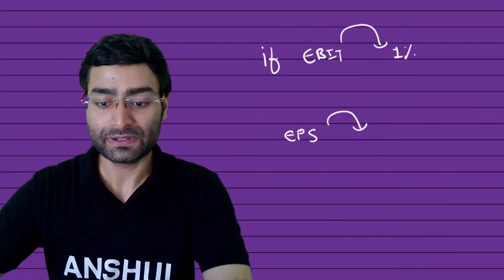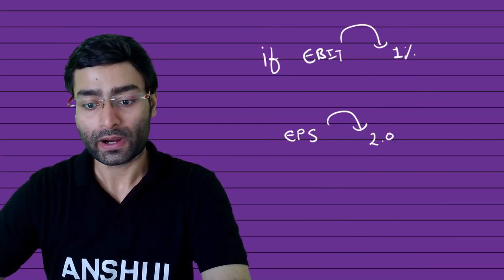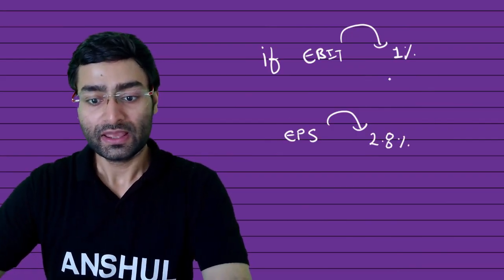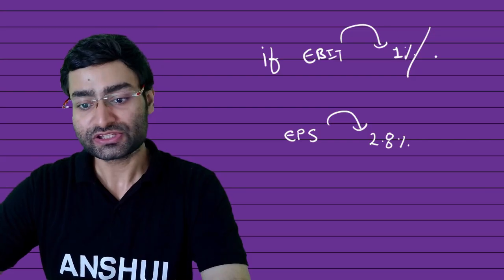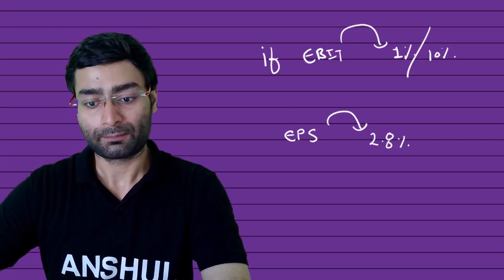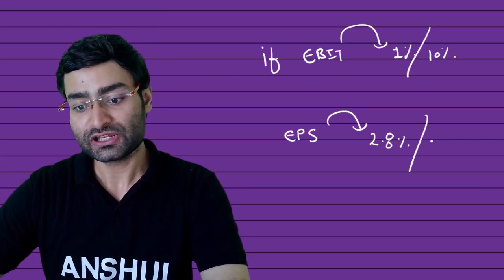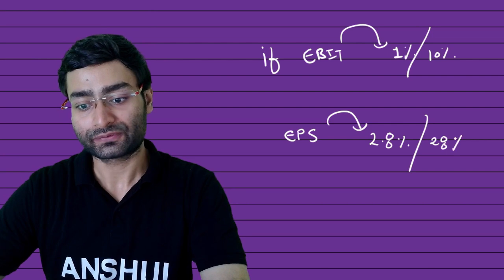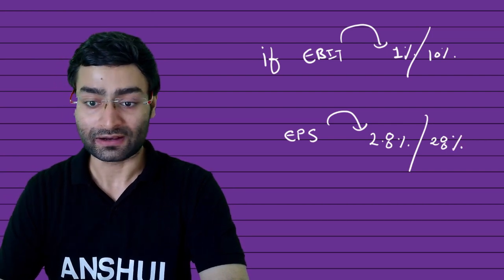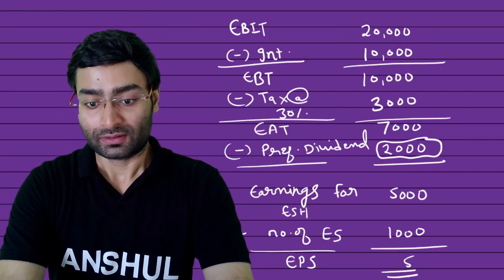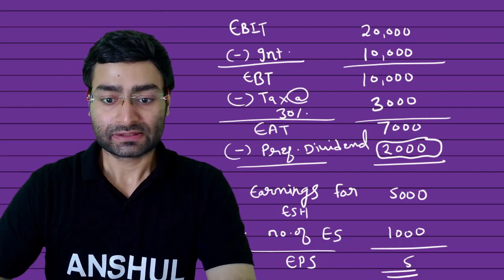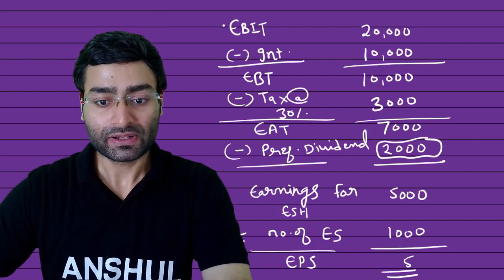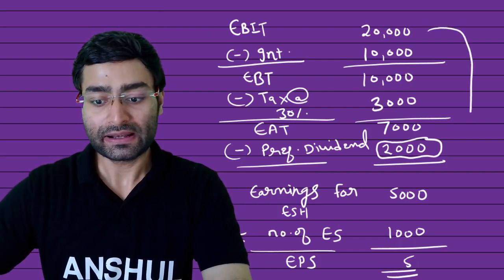That means my EPS will change by 2.8%. If my EBIT changes by 10%, my EPS will change by 28%. Now you know the drill already. In this case, there is a relationship between EBIT and EPS.